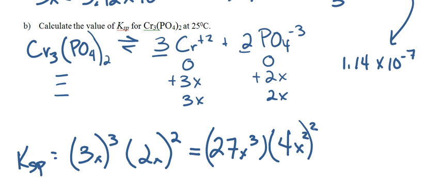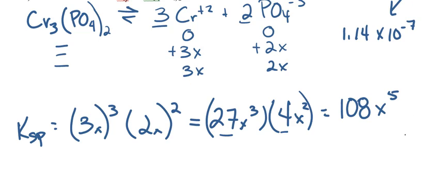Oops, sorry, that goes inside, not outside. Okay, so 27 times 4 is 108. And then whenever we're multiplying exponents, we always add them. So there we have 108 times x to the 5th power.